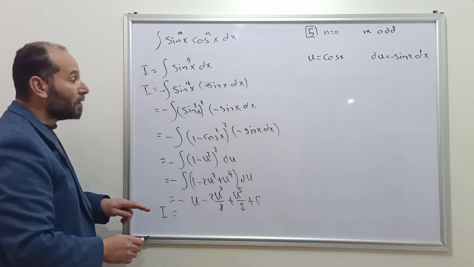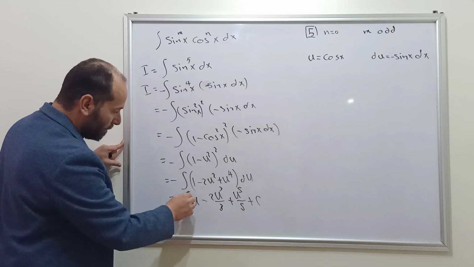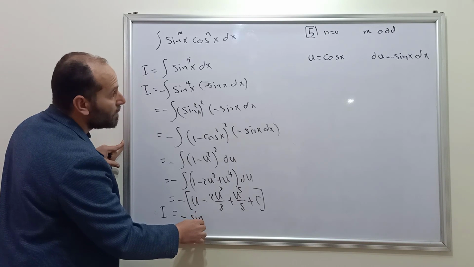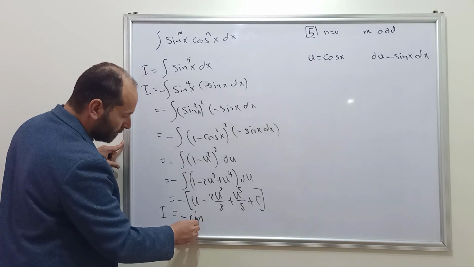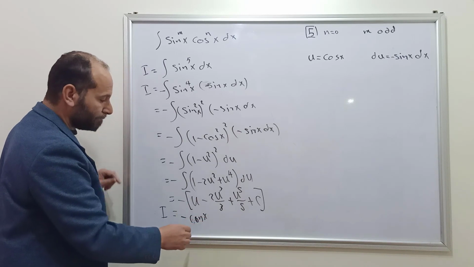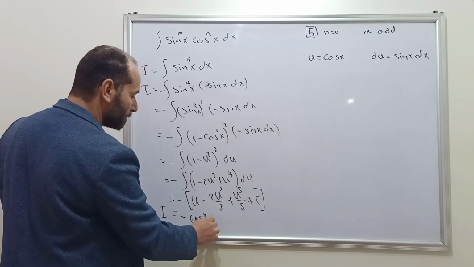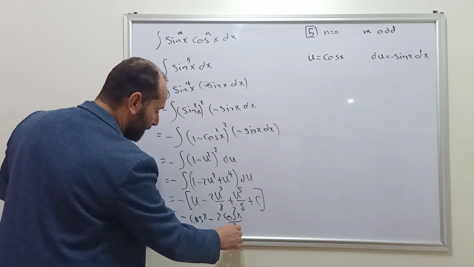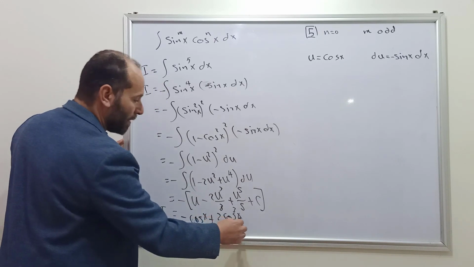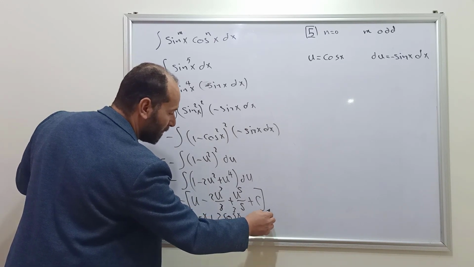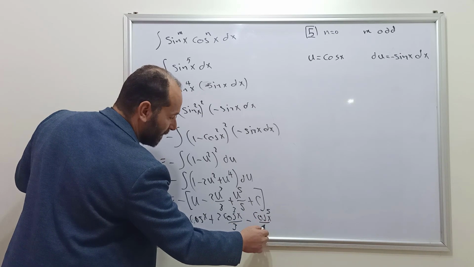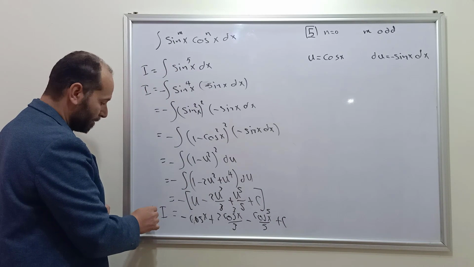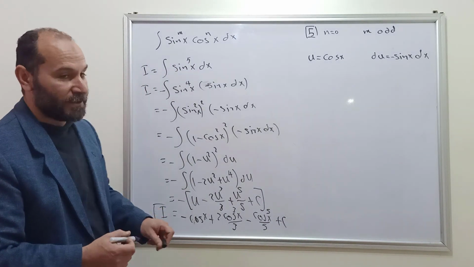We put cosine instead of u: negative, cosine x minus 2 cosine power 3 x over 3 plus cosine power 5 x over 5 plus c, or minus c. Anyway, this is the value of the integration.